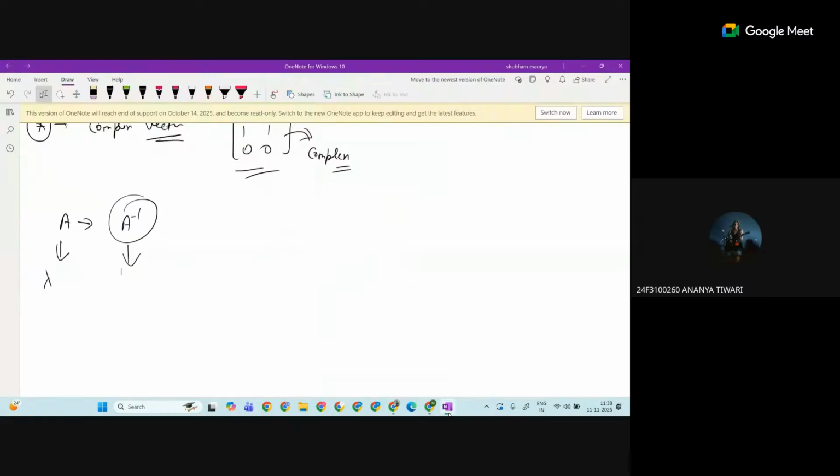He went somewhere. Okay, so the eigenvalues for the inverse are going to be 1 by lambda. Let's say you have eigenvalues 1, 2, 3. So A inverse has eigenvalues 1, 1 by 2, and 1 by 3. But what about the eigenvectors?